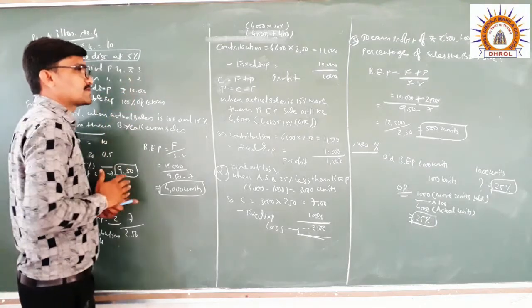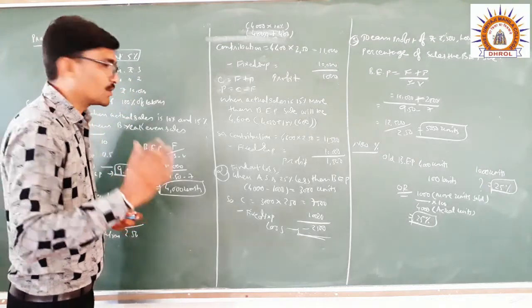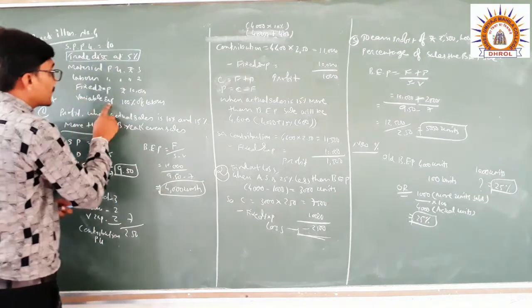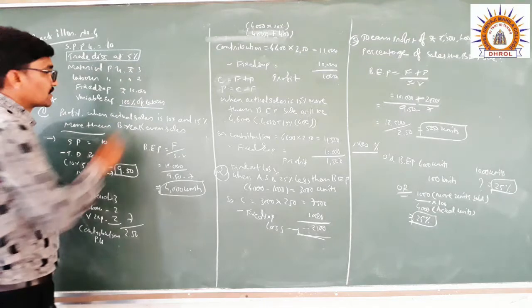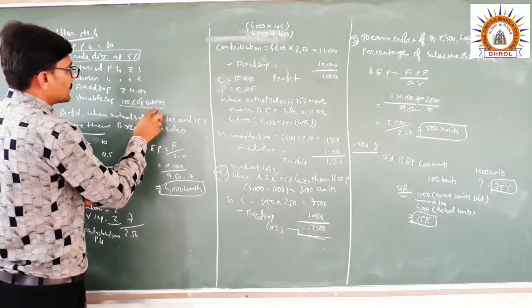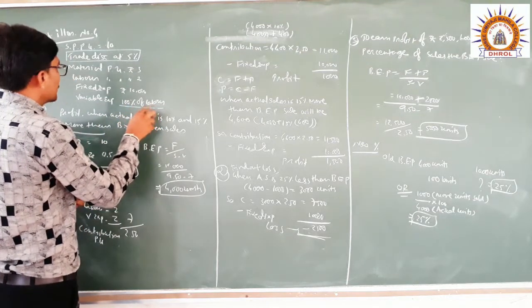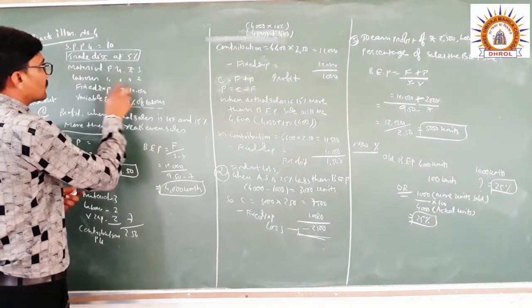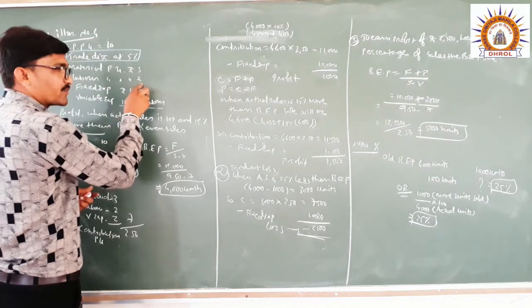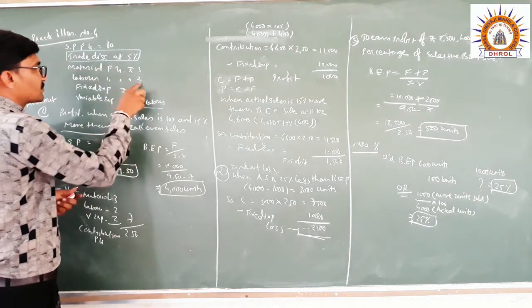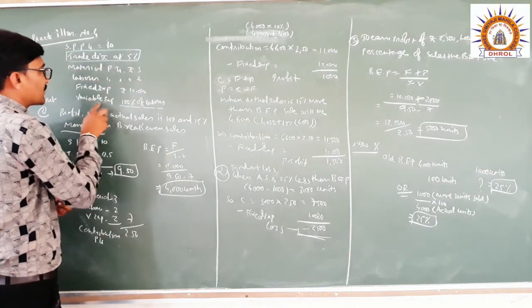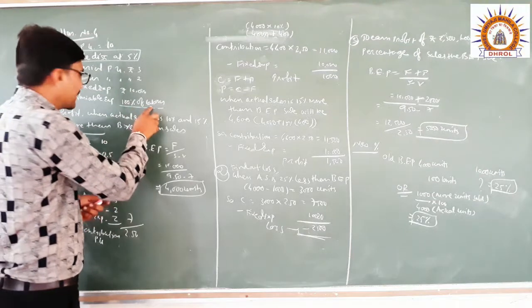Then fixed expense will remain constant, as you all know. Then the variable expense is 100% of the labor. It means whatever the amount of labor per unit, rupees 2 here, you should consider rupees 2 as variable expense as well.